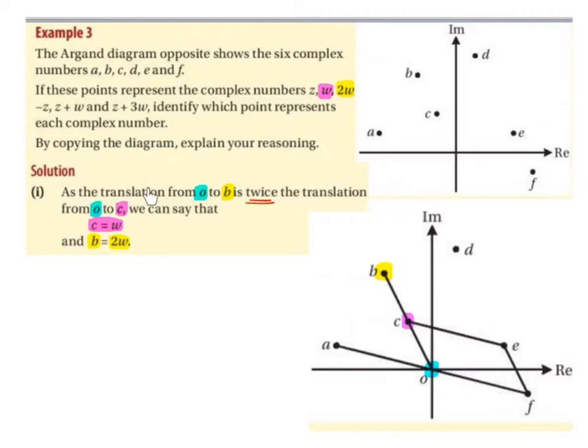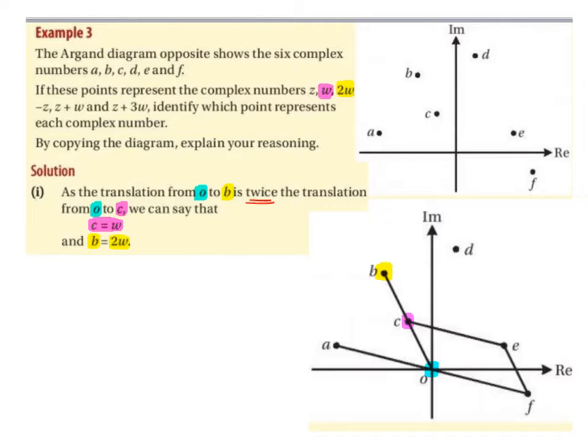So as the translation from O to B is twice the translation from O to C, we can say that C is equal to w and B is equal to 2w. So let's look at the translation from O to B. O is the origin and B is this point out here. And from O to C, O is the origin and C is this point here.